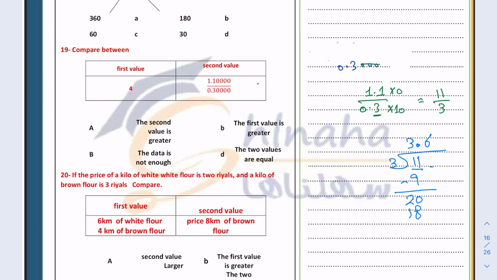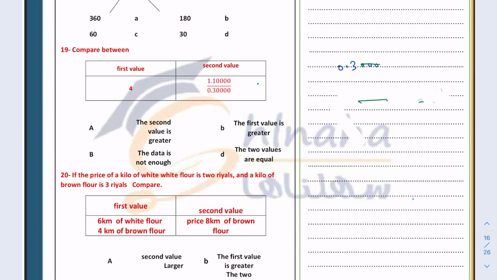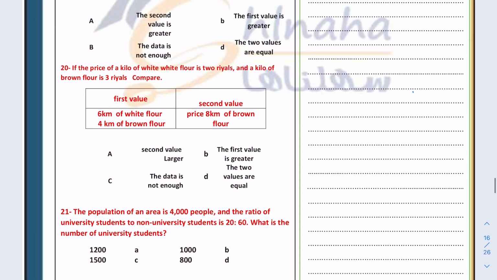Let's read question number 20. The price of a kilo of white flour is 2 riyals. And the brown flour is 3 riyals. Now calculate or compare between both of them.